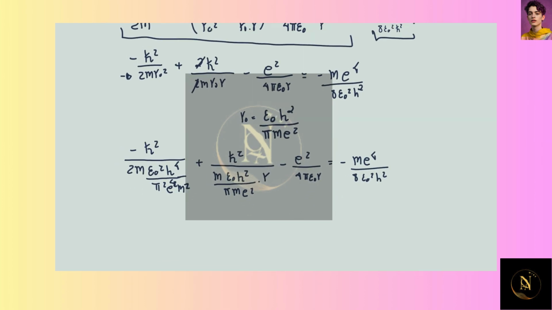Now we can simplify a few things in these expressions. So this mass can simplify with that mass, and this mass with this mass.